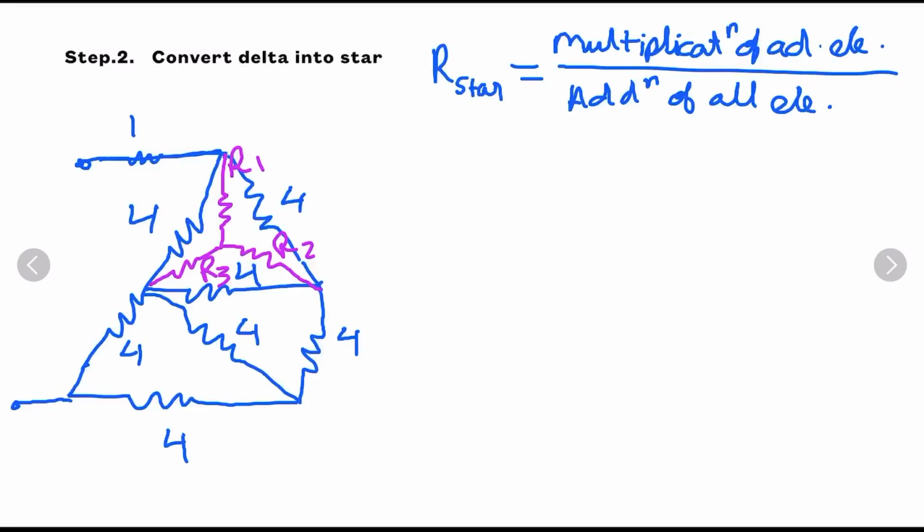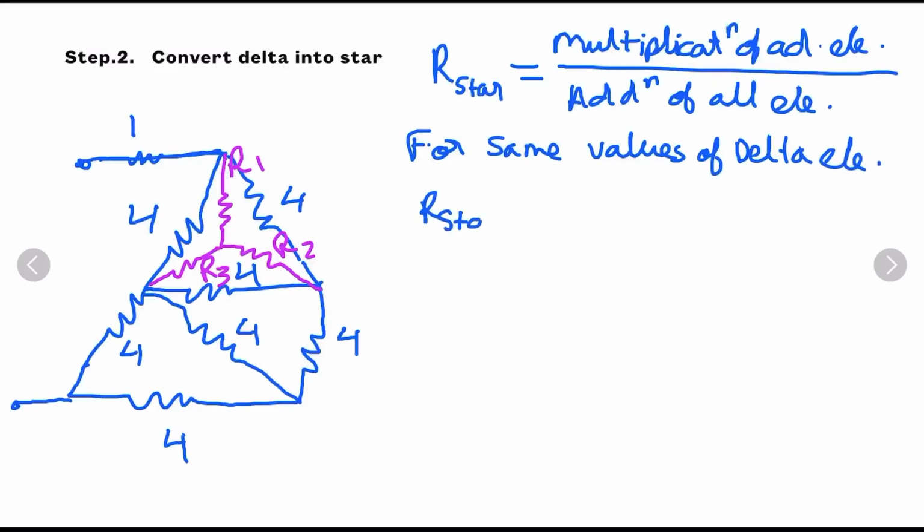Okay, and if you remember, I have told you in the previous videos one more formula: if all elements of the delta have the same values, we can calculate directly for same values of delta elements.